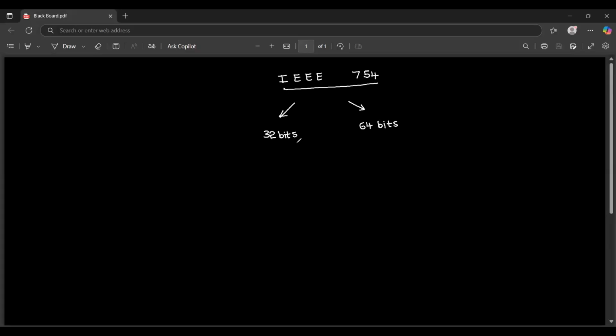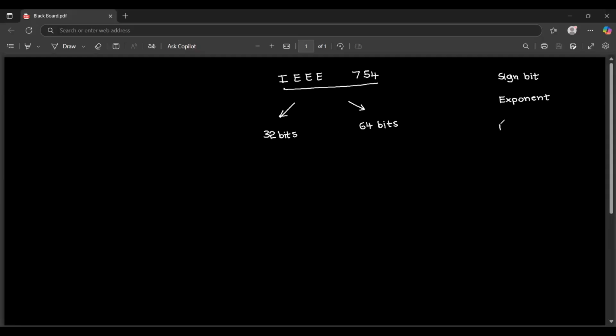In the 32-bit system, there are three main parts. Also in the 64-bit system, there are three main parts. So I will talk about the three main parts. First of all, the sign bit, which is for representing the sign. Next, we have the exponent.